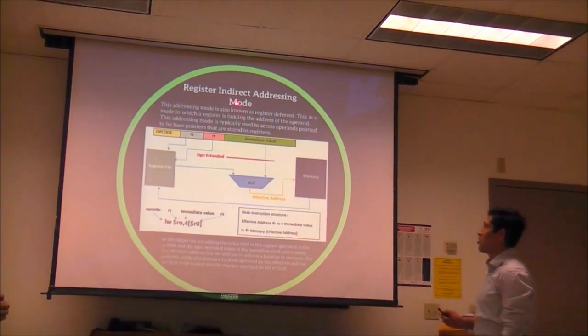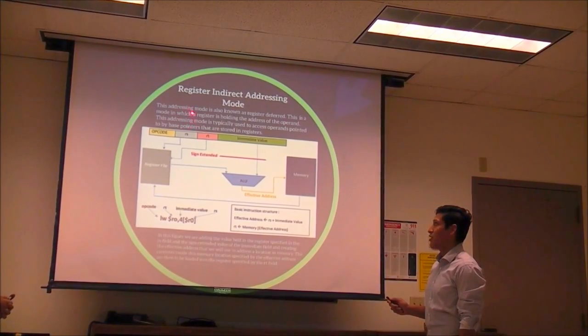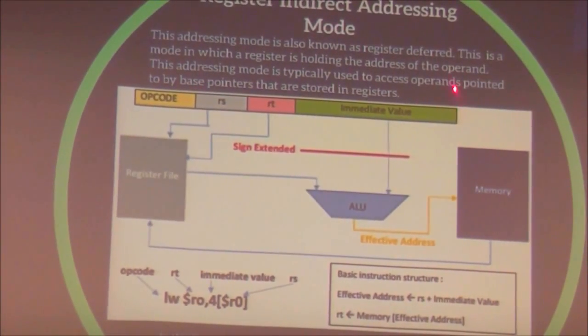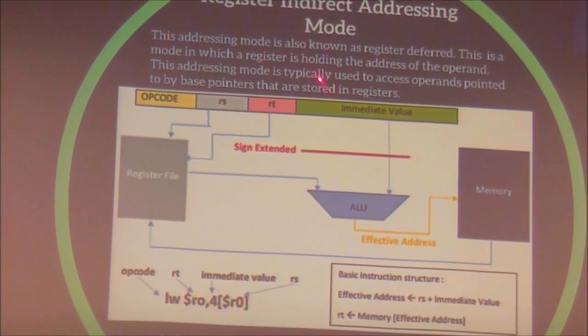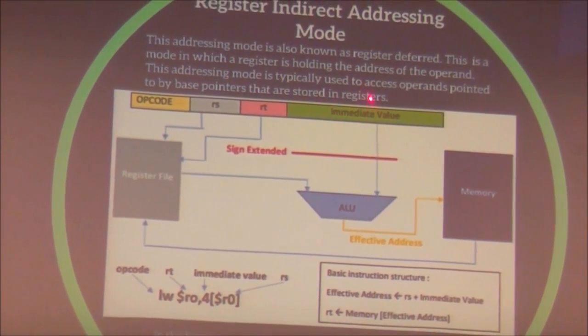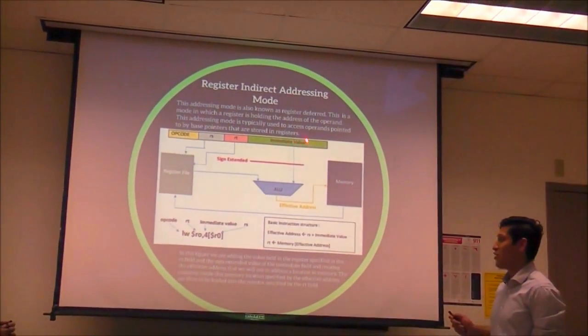Third is our register indirect addressing mode. This addressing mode is also known as register deferred. This is a mode in which a register is holding the address of the operand. This addressing mode is typically used to access operands pointed to by base pointers that are stored in registers.